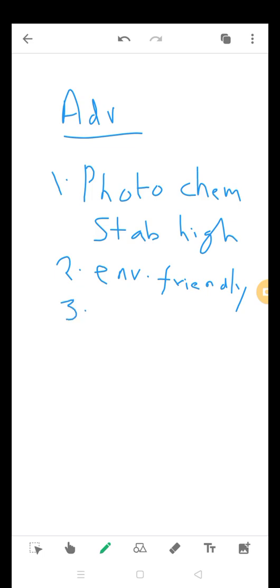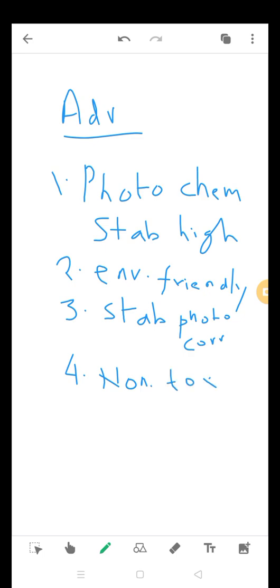Third is stability against photo corrosion. The fourth one is it is non-toxic. The fifth one is it is abundant.